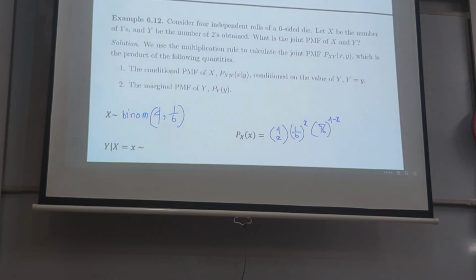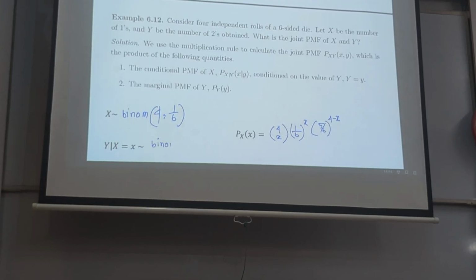If you got x times the number 1, then the 2s can only occur in the remaining rolls. So what are the parameters? 4 minus x.